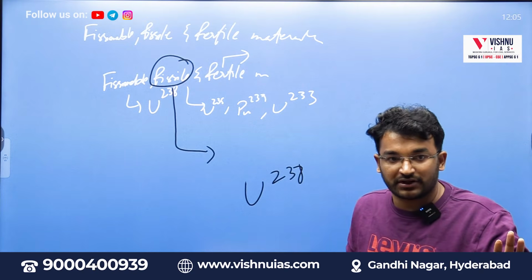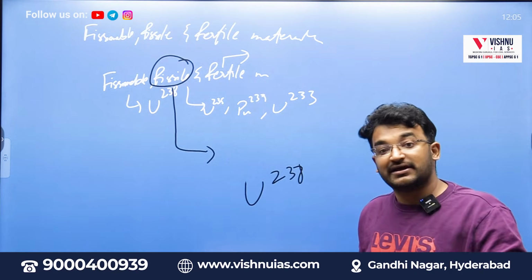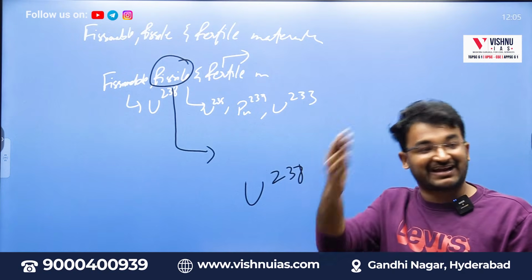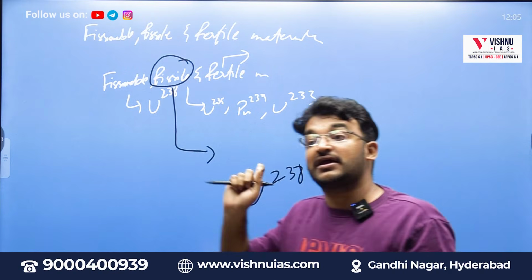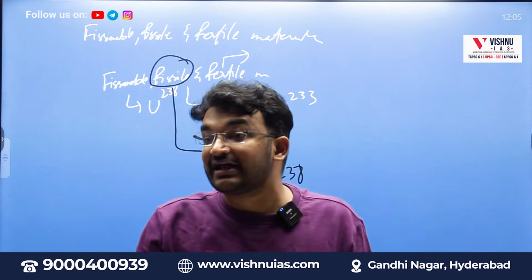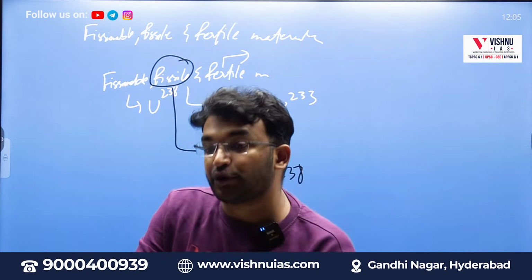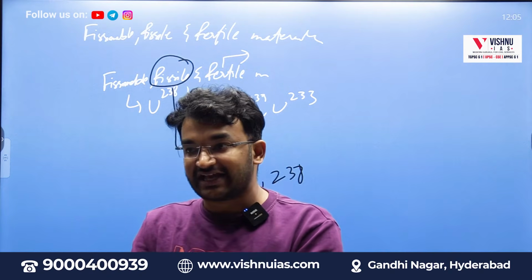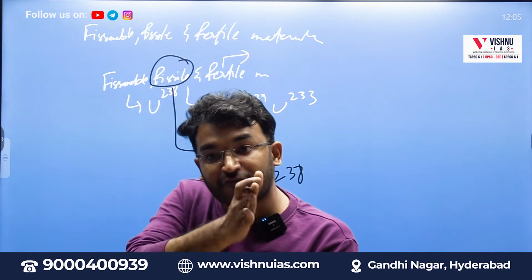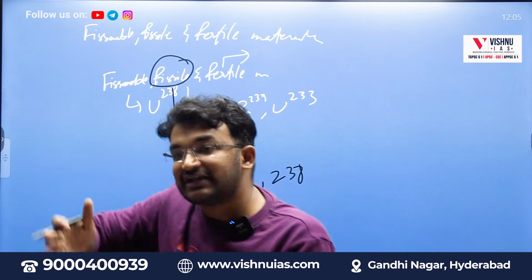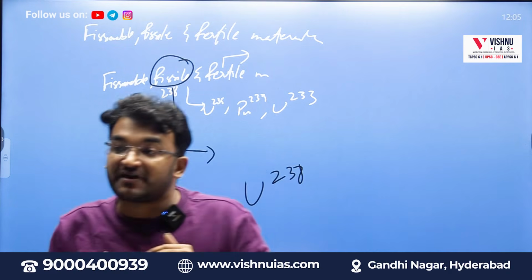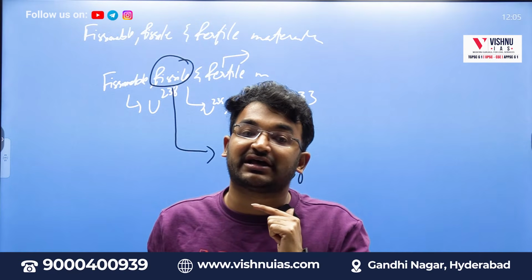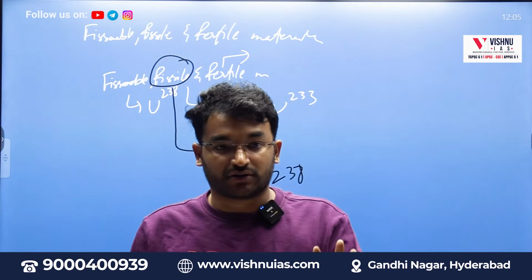But if we are able to turn this into another atom and then hit it with neutrons again, then this can produce nuclear energy. That means we can turn fertile to fissile and then nuclear energy generation.